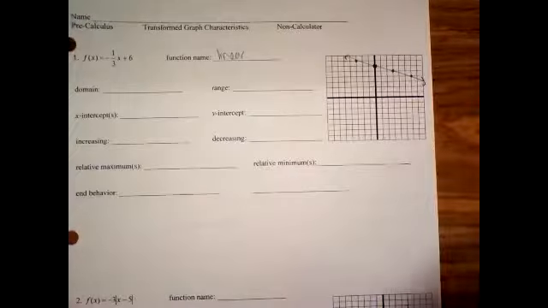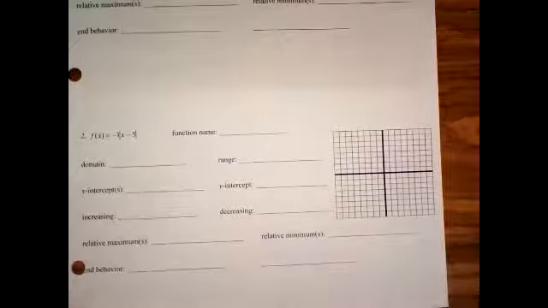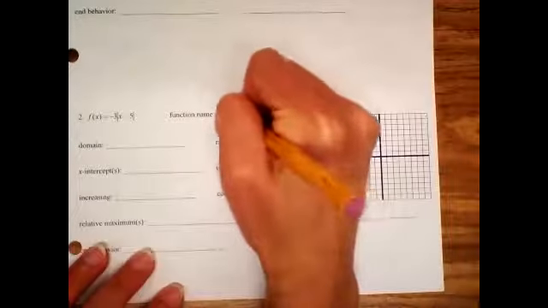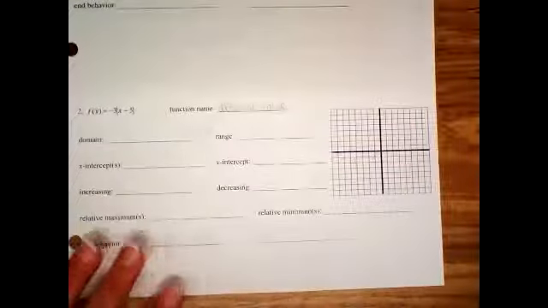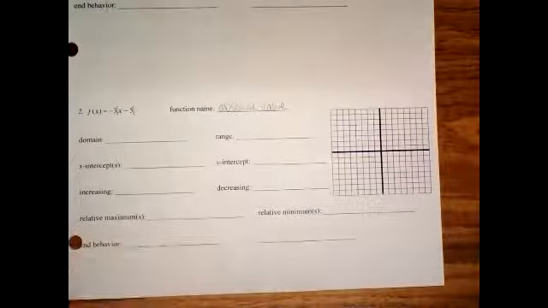All right, so what is number 2 called? Okay, that's absolute value. It's going to be a V shape. So transformations for this.